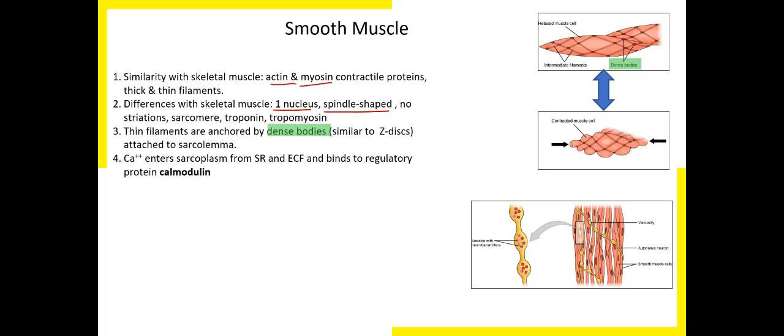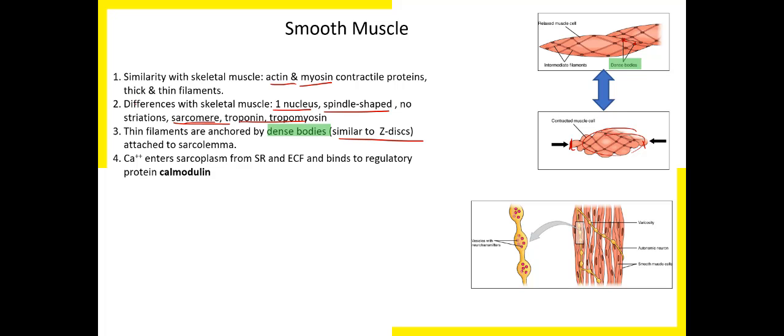They're spindle shaped, so they're narrower at the ends than they are in the middle, and they don't contain the functional unit sarcomeres, or the proteins troponin and tropomyosin. The thin filaments in a smooth muscle are anchored by dense bodies. So you can see over here, the dense bodies basically anchor the ends of the thin filaments, and the dense bodies have a similar function to the Z discs of skeletal muscle.